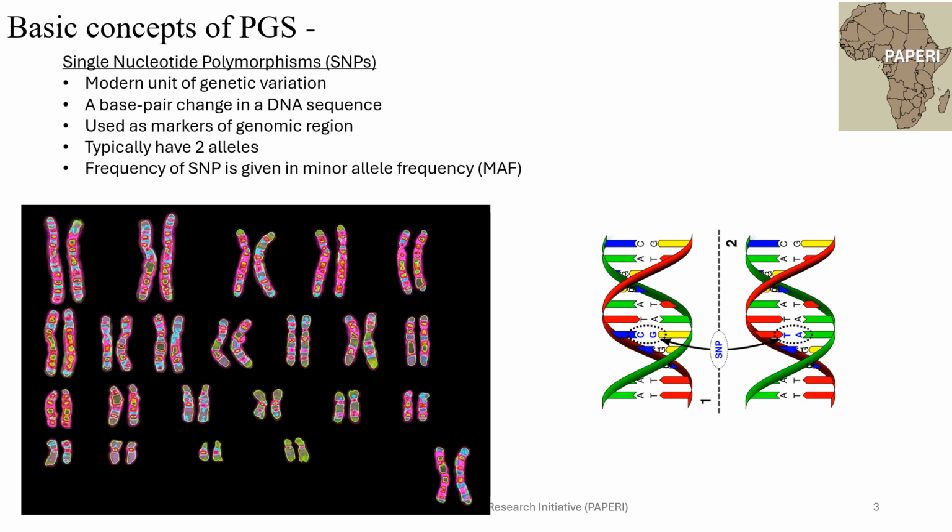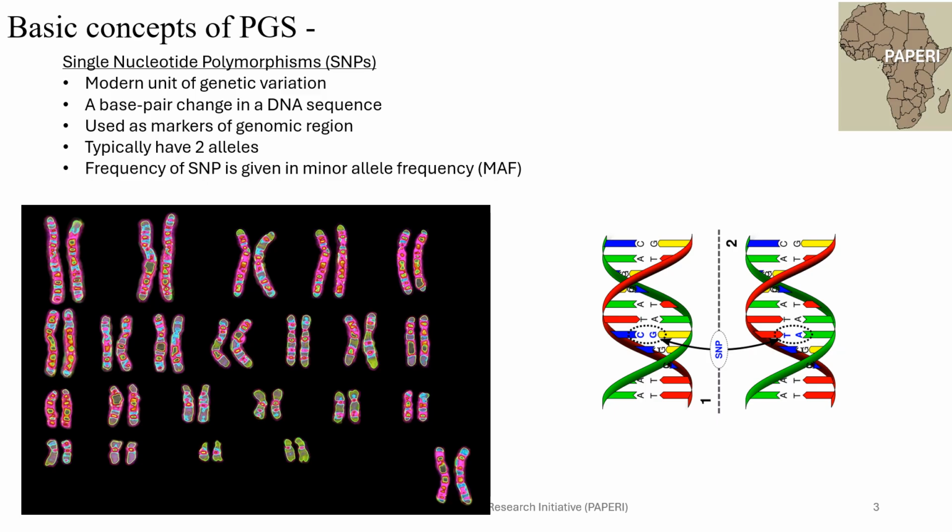But just to focus on polygenic risk scores for what we're going over today, and to recap, remember, a polygenic risk score is just a more modern unit or measurement of genetic variation. And really what we're looking at with a single nucleotide polymorphism is just a single base pair on a piece of DNA. And that's what I have illustrated here on the right hand side.